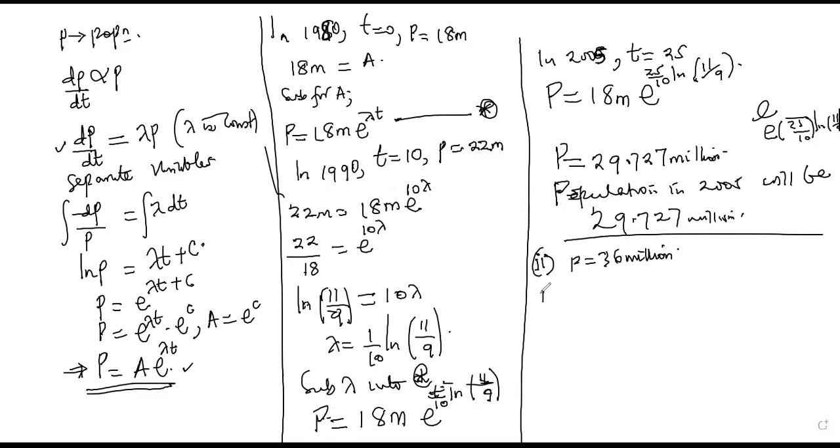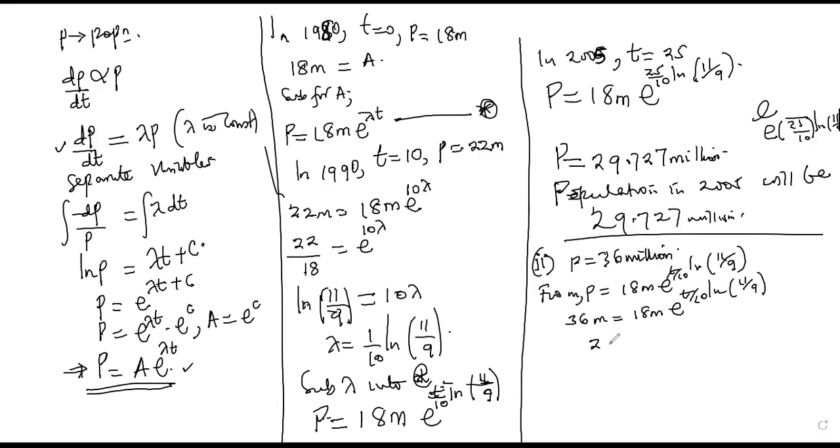So from P = 18m e^(T/10 ln 11/9), substitute. The population is 36 million, equal to 18 million times e^(T/10 ln 11/9). M will go here, and this side we shall have 2.